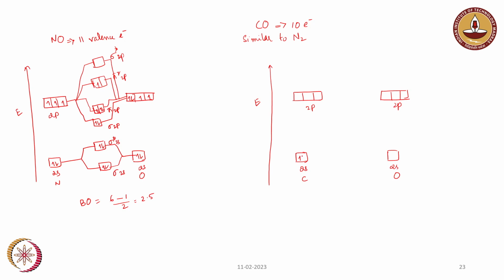So in carbon, there are total of 4 valence electrons, and in oxygen, there are total of 6 valence electrons.